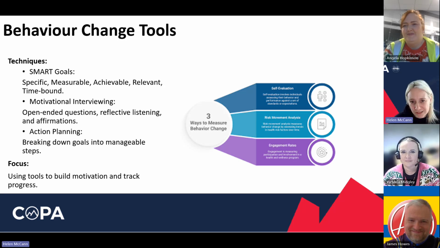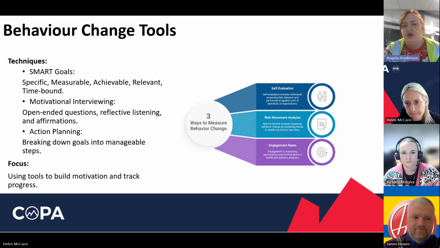Or Pilates, I suppose, is another one, isn't it? Any other sort of things that you can think of for SMART goals or behaviour changes? I suppose it's a bit like the journal that we're doing while we're doing this course.